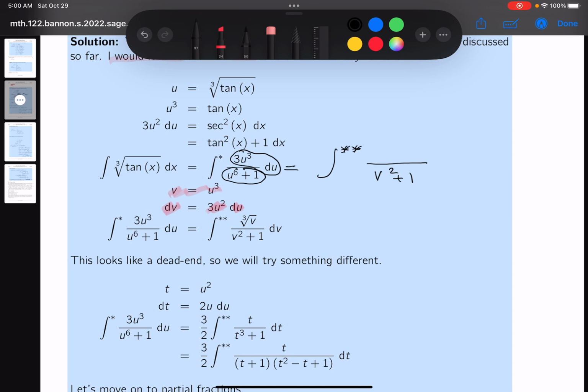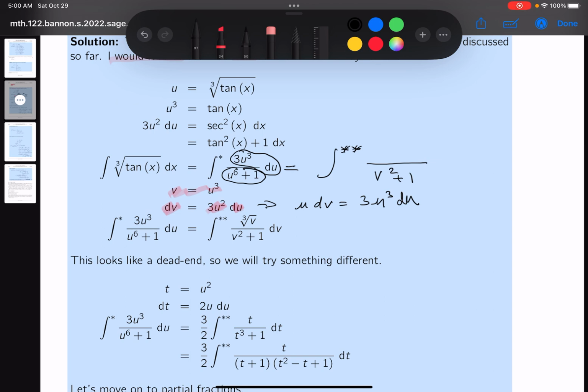I'm seeing part of it, but I've got to multiply both sides by a u, right? So what do you get? You get u dv is equal to 3u cubed du. All right, and that's what I want. But what's the u?